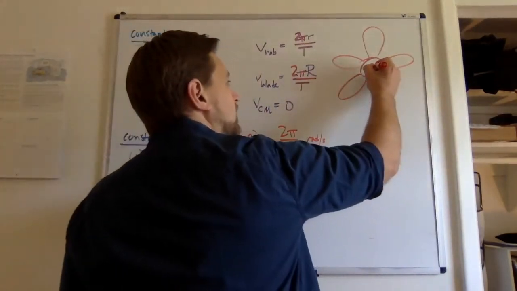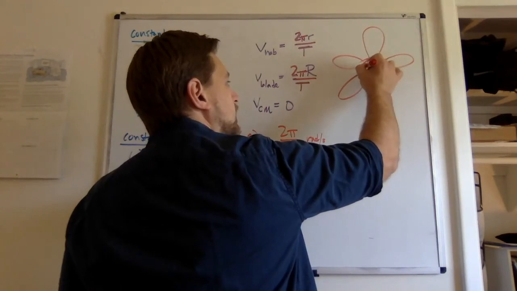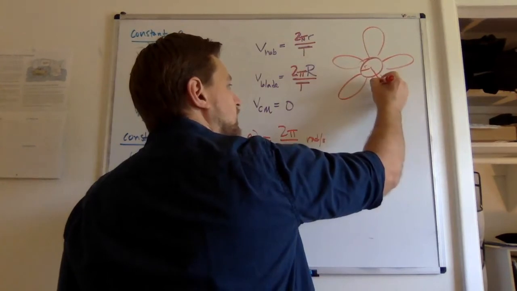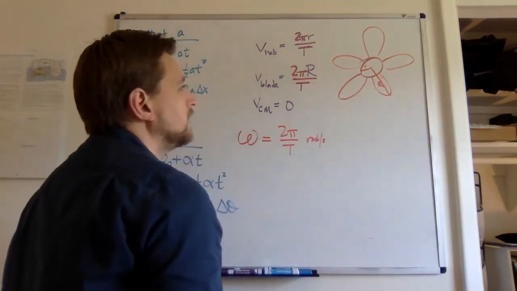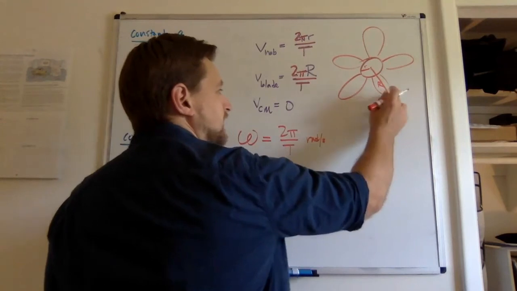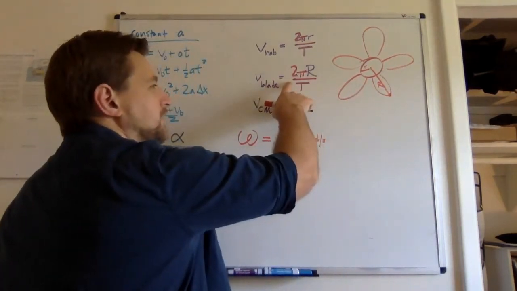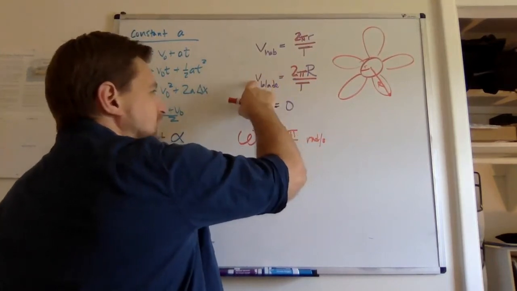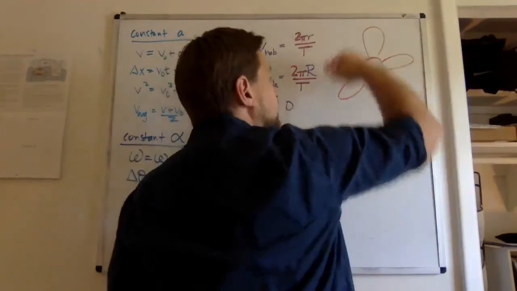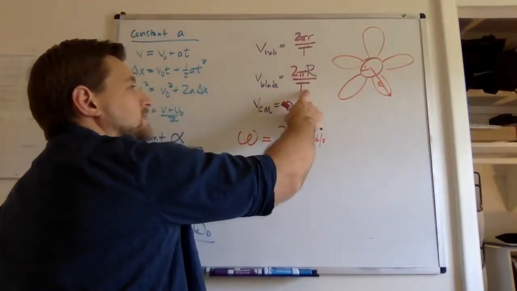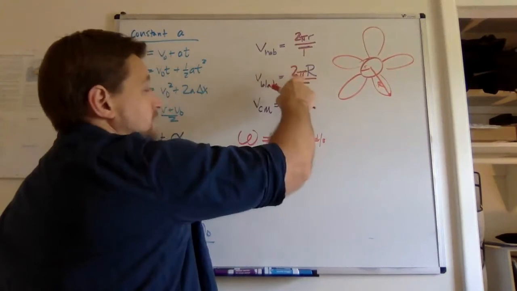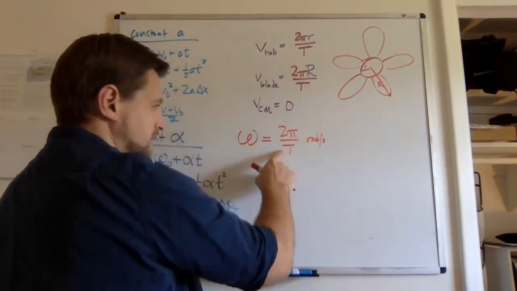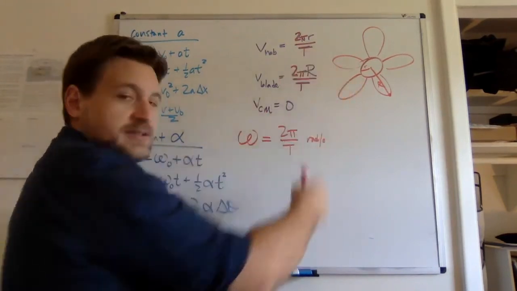So the inner radius, r, outer radius, capital R. If we're talking about this point on the end of the fan blade, we do this calculation, and the result we get for the linear speed, the distance traveled in meters divided by the time we took to do it, is just this times the radius of the circle we're talking about.